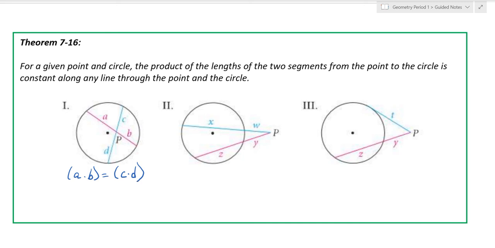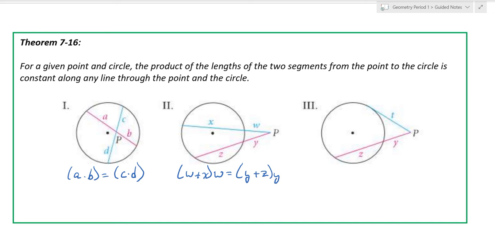Now, type 2, we actually have a couple of segments that extend outside the circle. So here goes. This relationship states that W plus X times W equals the quantity of Y plus Z times Y. That's for a type 2. For a type 3, we have a secant and a tangent.